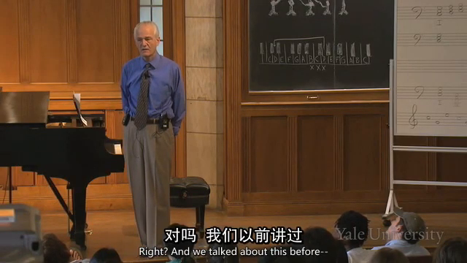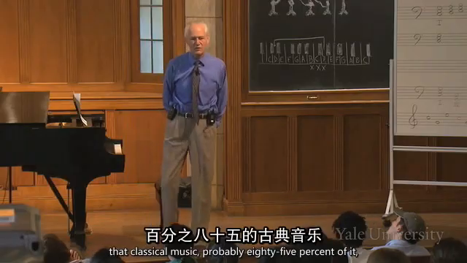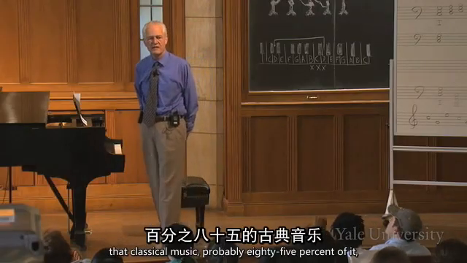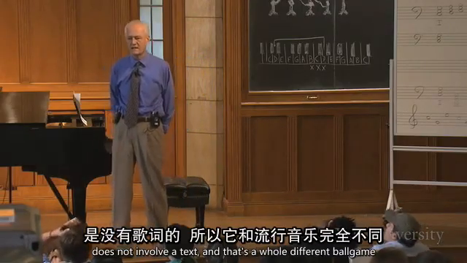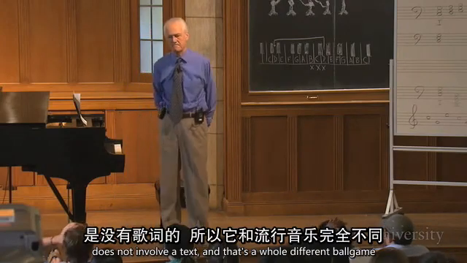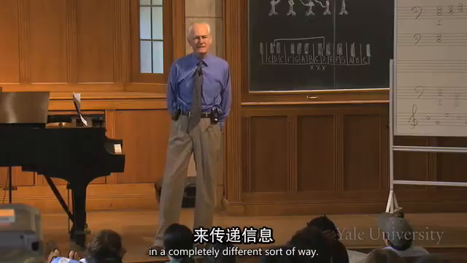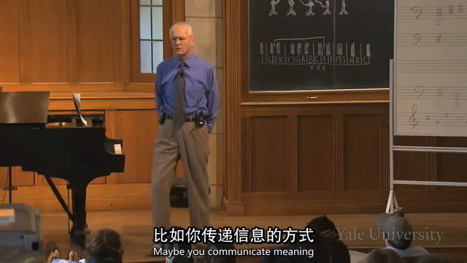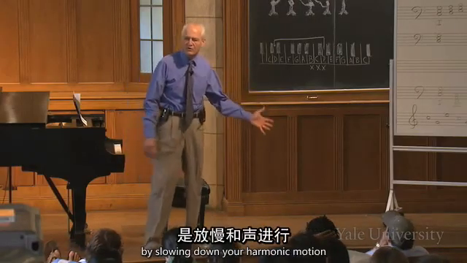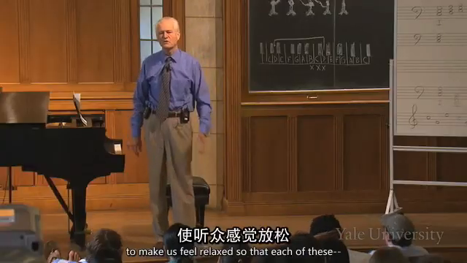text, right? We talked about this before, that classical music, probably 85% of it, does not involve a text. And that's a whole different ballgame, because then you have to communicate meaning in a completely different sort of way. Maybe you communicate meaning by slowing down your harmonic motion to make us feel relaxed.